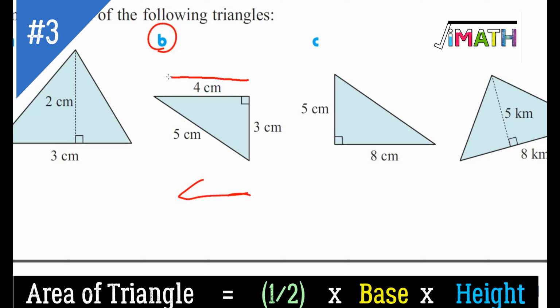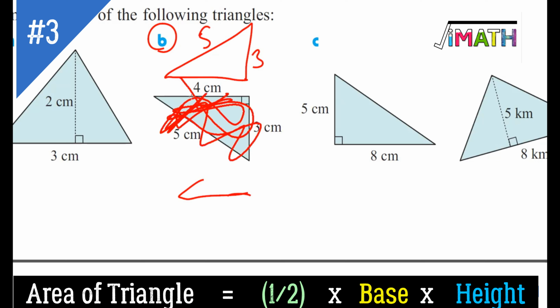Let's invert it. Yeah, the base is 4 centimeters, the height is 3 centimeters, and we don't care about this hypotenuse for now. So what do you think, what's going to be the area of this triangle?